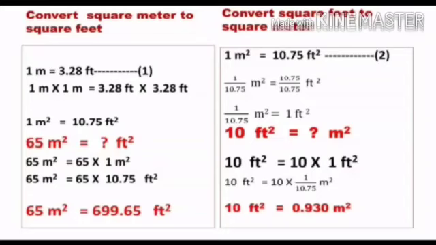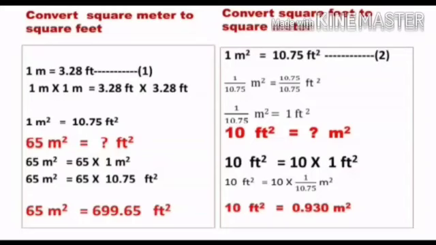Now assume we have a question to convert 65 meter square, how much square feet? 65 meter square is equal to 65 times 1 meter square. We know 1 meter square is equal to 10.75 square feet.